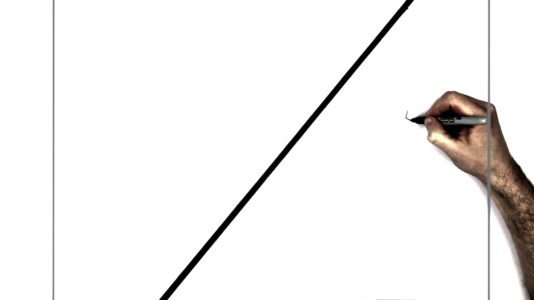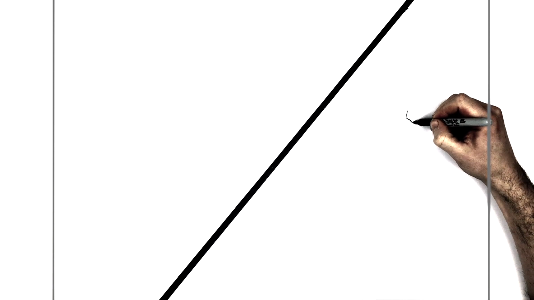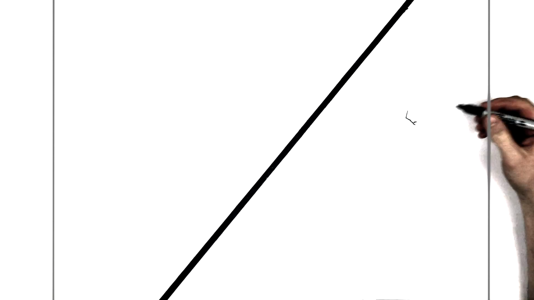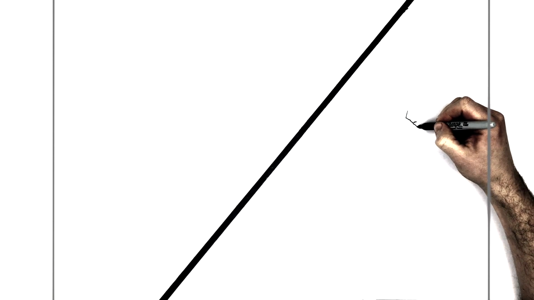And then this bumps down for his top lip, and then we're going to add a slight little bump again. And then a little line for his mouth, just here, like so.